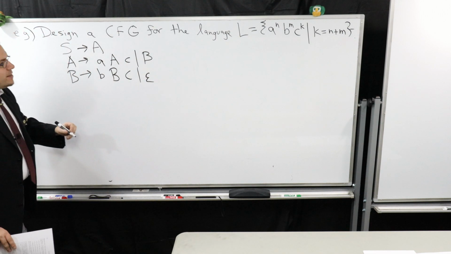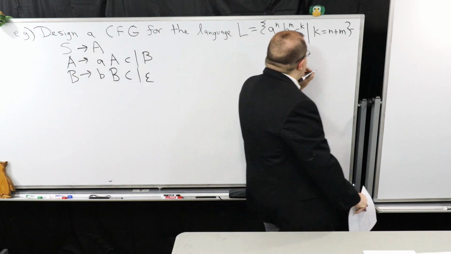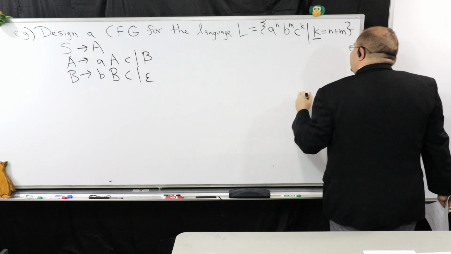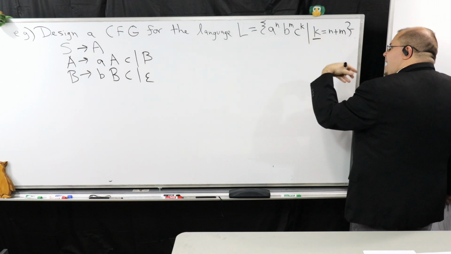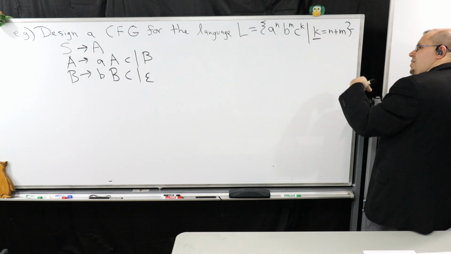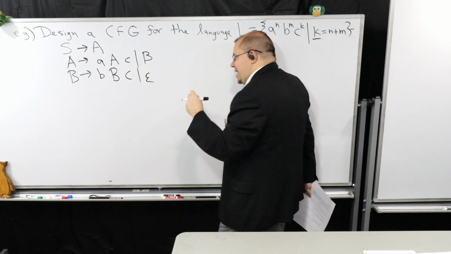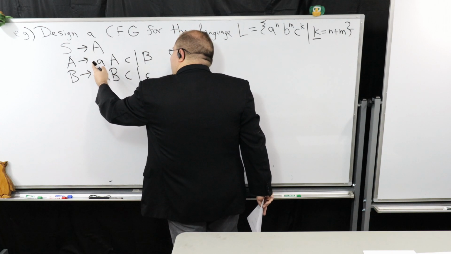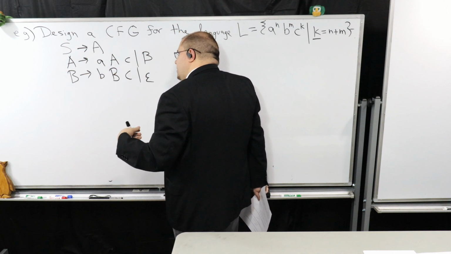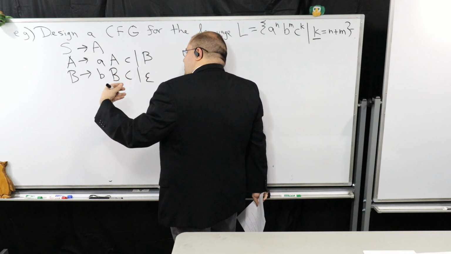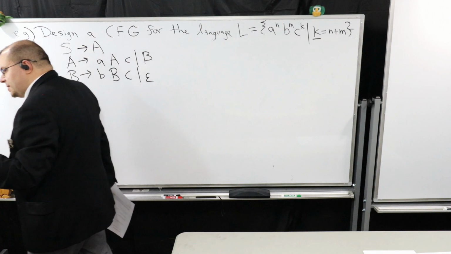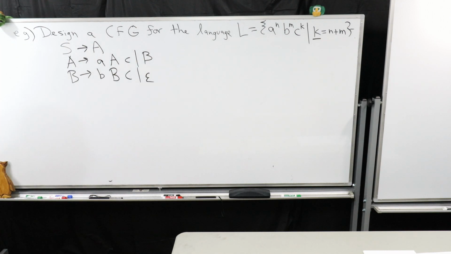So remember, I need to satisfy this equation. Now remember, K is the number of C's. So the number of C's has to be equal to the number of A's plus the number of B's. So here's the idea. I want to allow it so that I can keep introducing more A's, but I need some ability to switch from the A's to the B's if I need to.